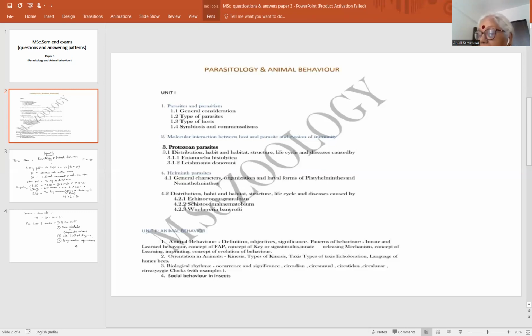Then types of parasites. On various bases the parasites have been divided: their mode of infection, their mode of transmission, their mode of residing, exo, endo, meso, semi, obligatory, facultative. These are the parasites.